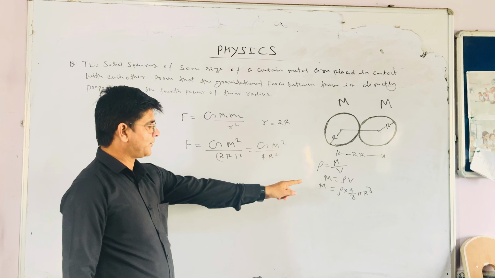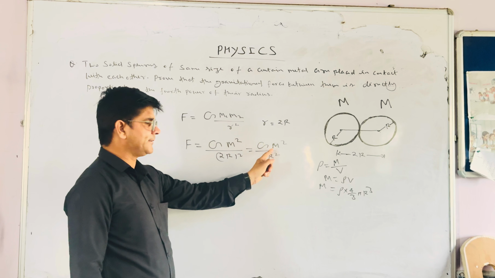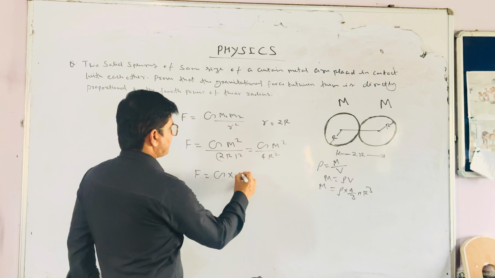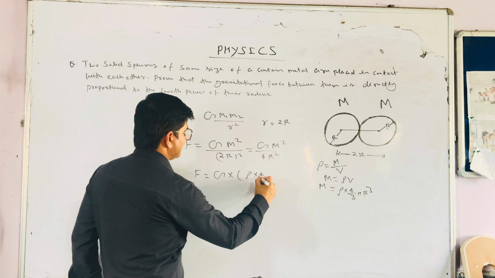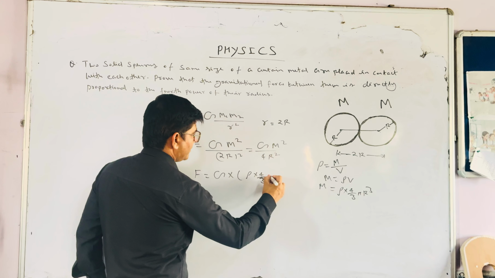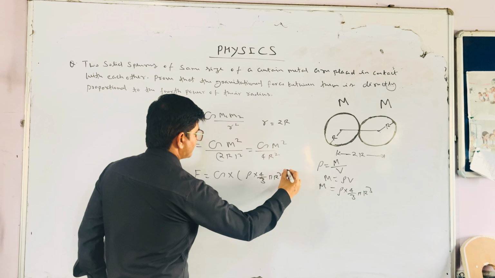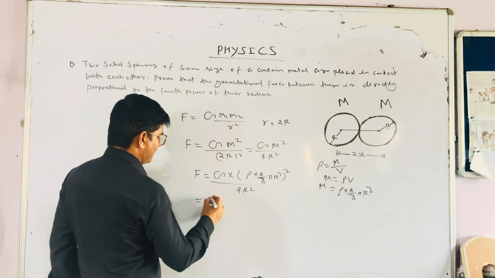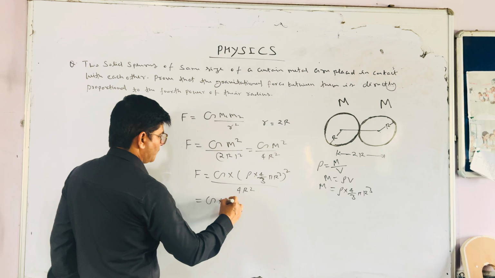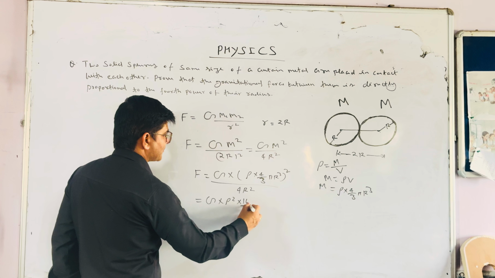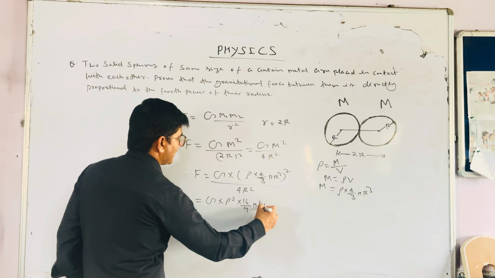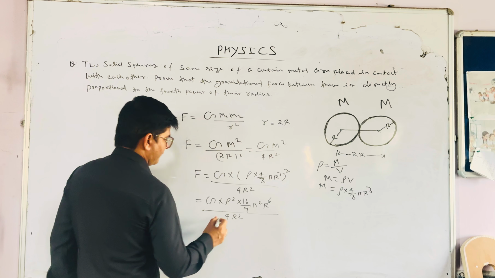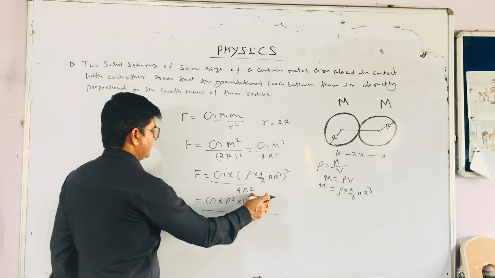Now put this value of mass m in this. We have F equals G, with m replaced by rho 4 by 3 pi r cube, squared, divided by 4 r square. So you can see this is G into rho square, 4 square means 16, 3 square means 9, pi square, r cube square means r to the power 6, divided by 4 r square.